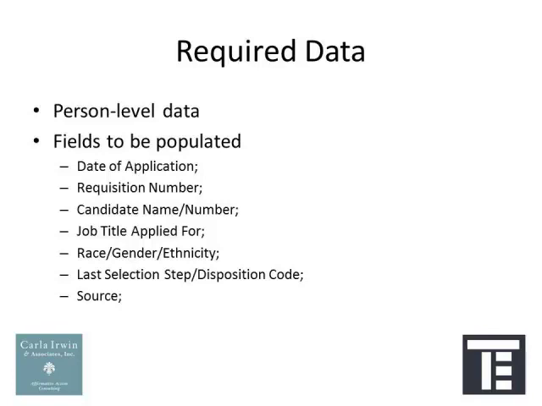Source, again, a very important one for a couple of different reasons. It's always good to see where you're getting the majority of your candidates and applicants, and then also what sources are giving you the candidates or applicants that are getting the farthest in the process.